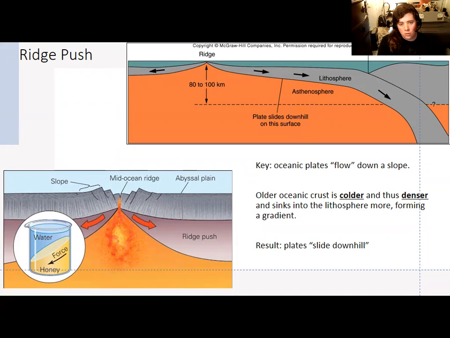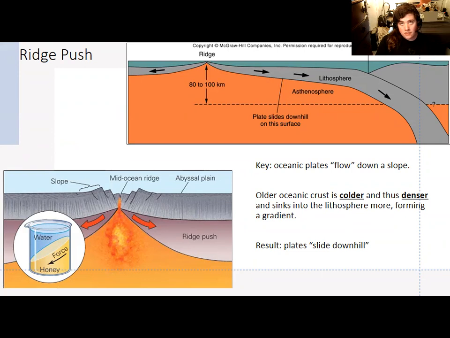It's going to get colder and denser the farther you get away from the spreading center that it originated in. And the colder, denser rock actually physically sinks more into the asthenosphere. Remember, the asthenosphere is the plasticky solid layer that the lithosphere, that is the plates, sort of floats on top of. The plates float on top of the asthenosphere.